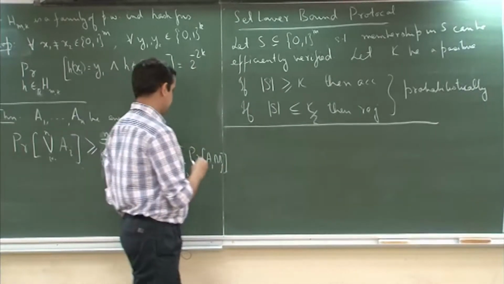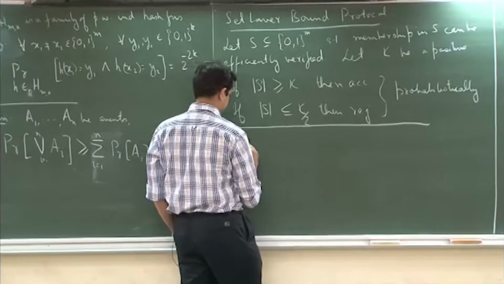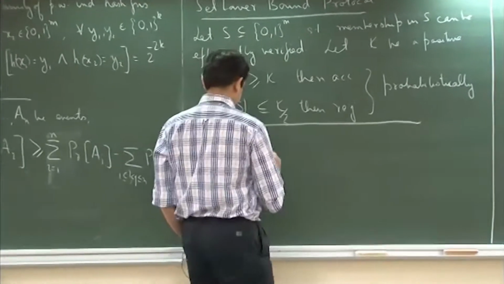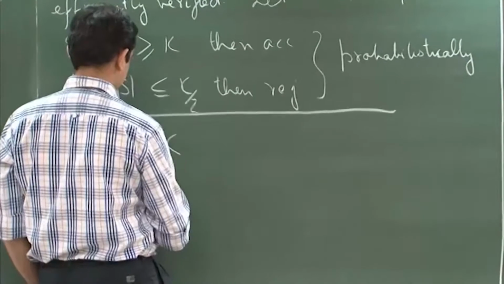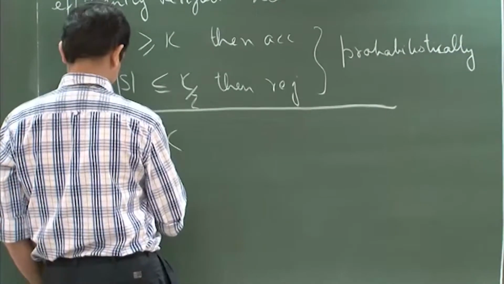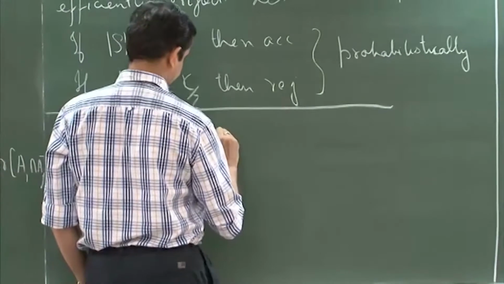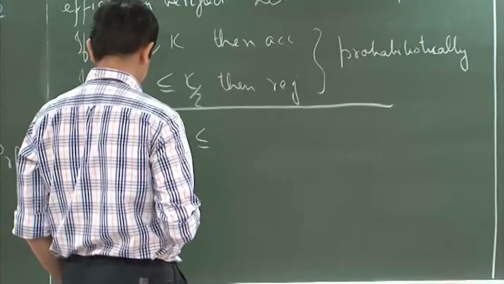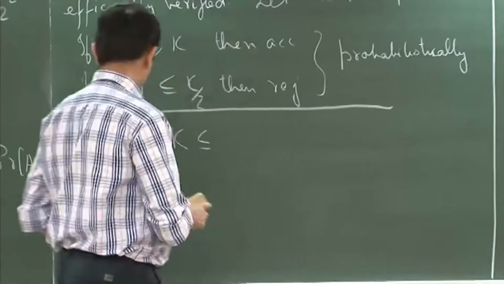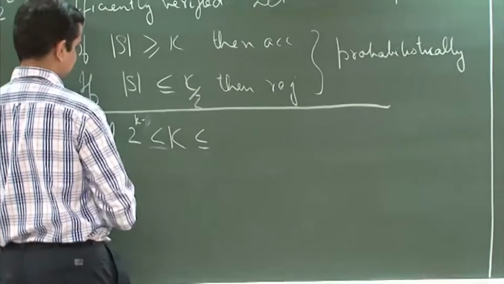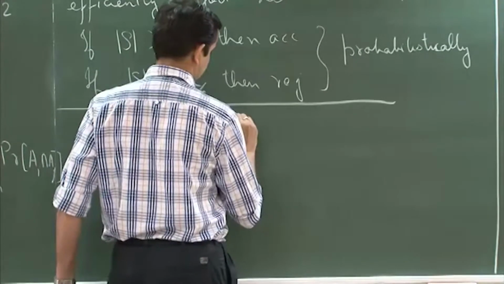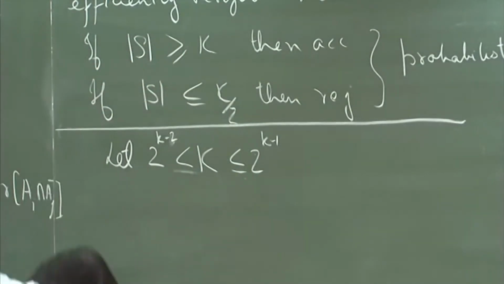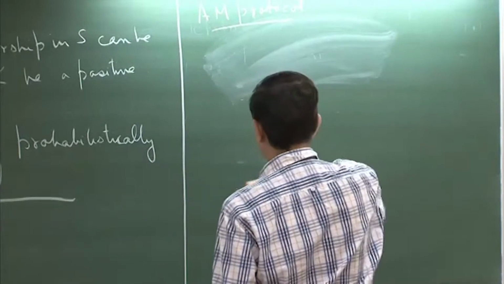Before giving the protocol, let this number K lie between 2 to the power K minus 2 and 2 to the power K minus 1. So, the AM protocol is as follows.